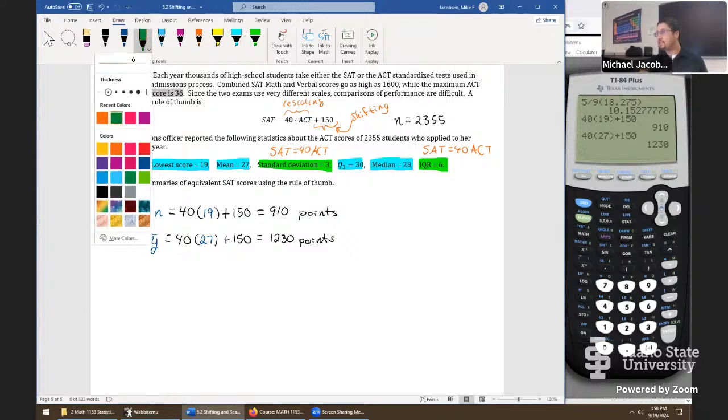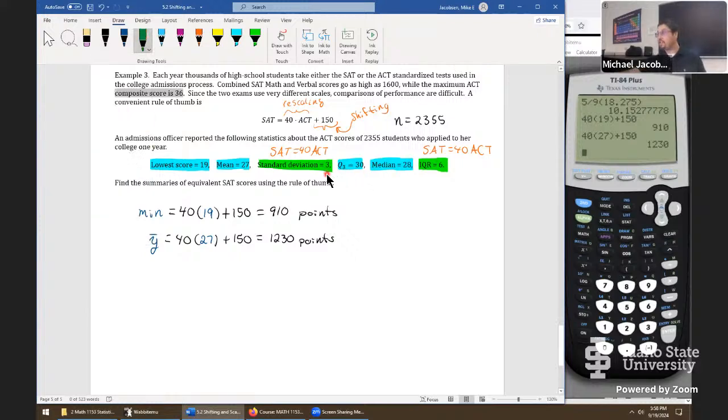Next is this dangerous one. Standard deviation is 3 here, but when we go to use that one, we're using that formula. It's going to be 40 times that ACT score's standard deviation. So S is going to turn into 40 times 3, and then that's it.